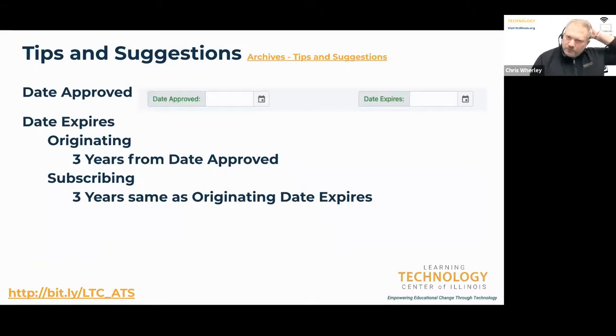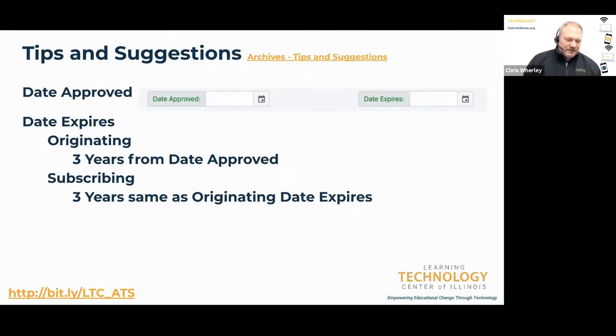As we go through each week, we want to give you a couple of tips and suggestions. One of the things we need to really be aware of is the dates that we're assigning to the agreements. The best way to think about it is that the originating agreement will expire 3 years to the day that you sign it.